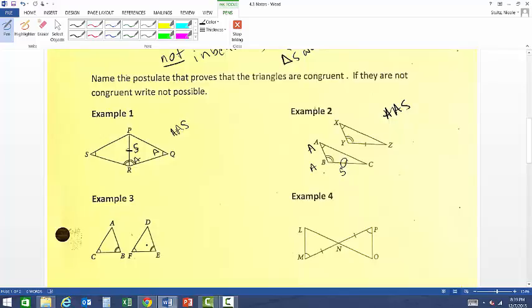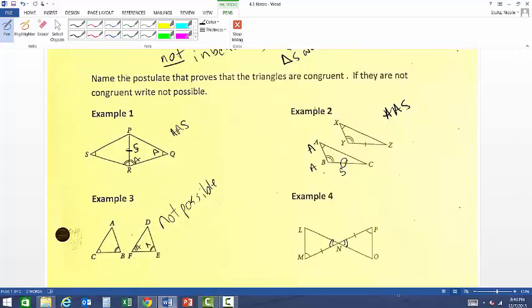In example 3, I can see two angle markings, but unfortunately there's no tick mark, and there's no shared side that we can put our own tick mark in, so we just write not possible. Unfortunately, we don't have enough information to say that those triangles are congruent. We don't have enough to use the theorem. And then the last one, number 4, you must put your own angle markings in the vertical angles.